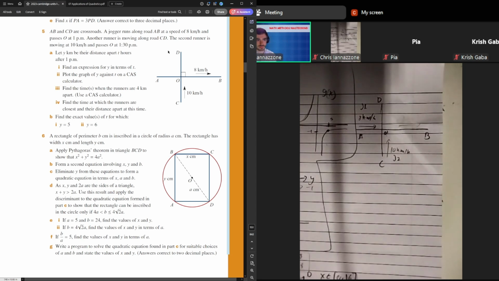Even if we ignore the question, you can put t on the x-axis and y on the y-axis. Oh, speed on the y-axis. Technically, wouldn't CD and AB be the same? It's talking about the cardinal directions of each other. So the fact that they're running perpendicular to each other will end up mattering, because y is the distance between the people, not the distance between where they started and where they ended.